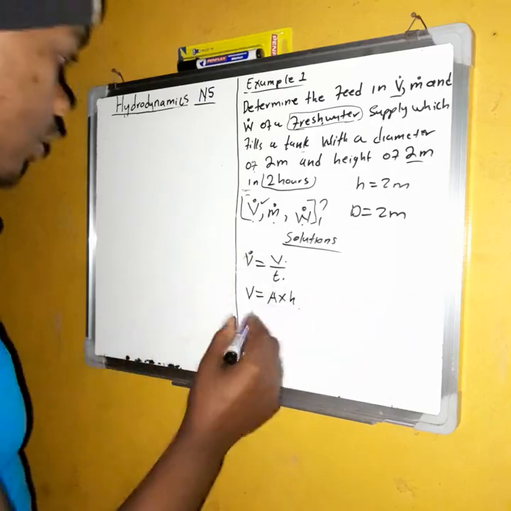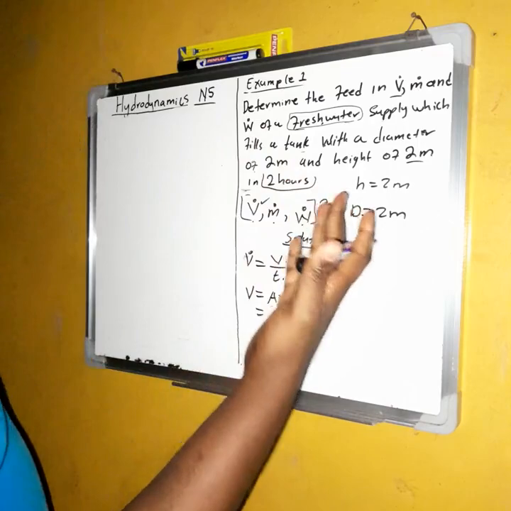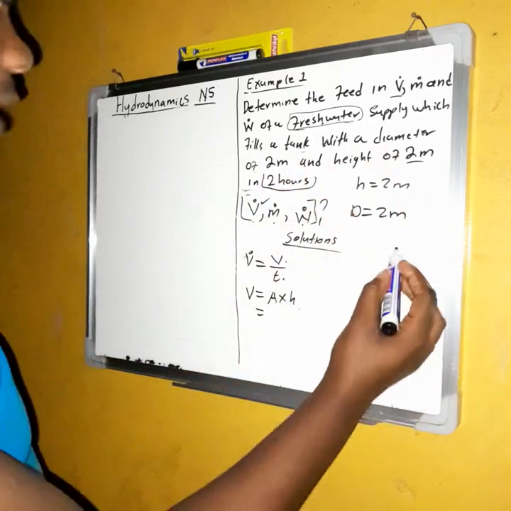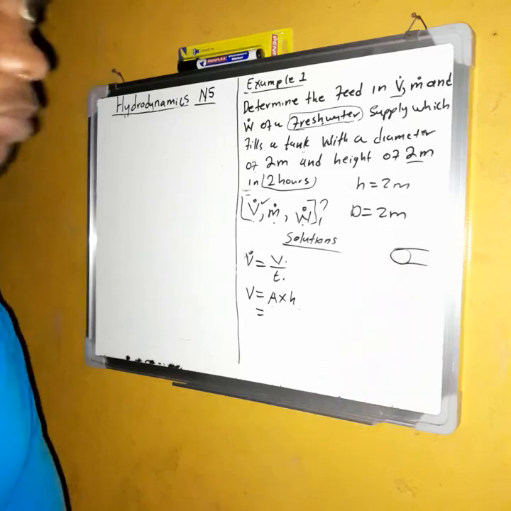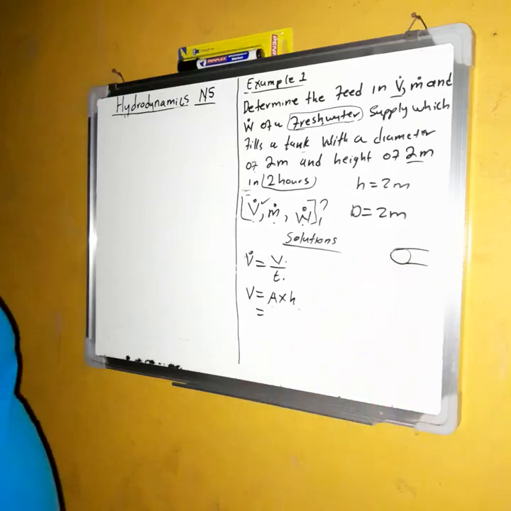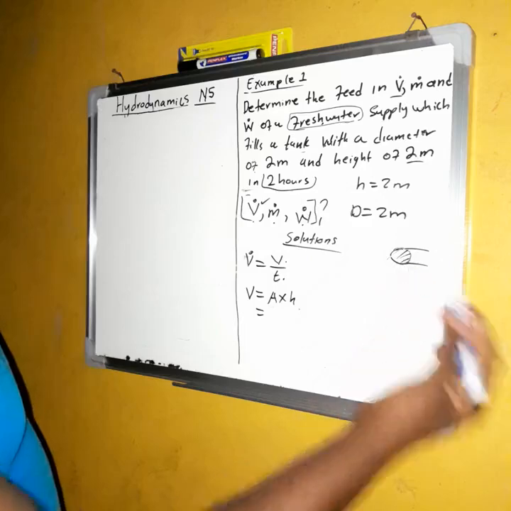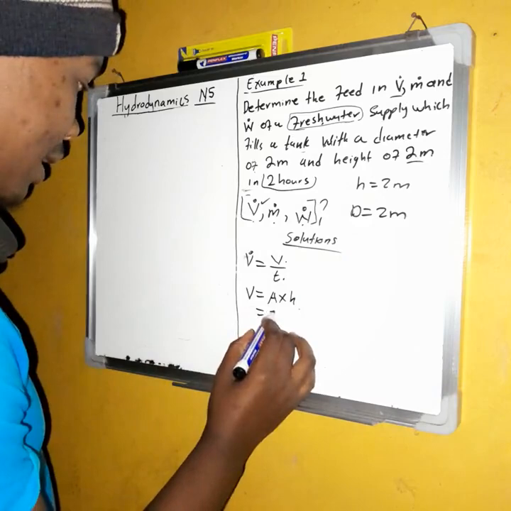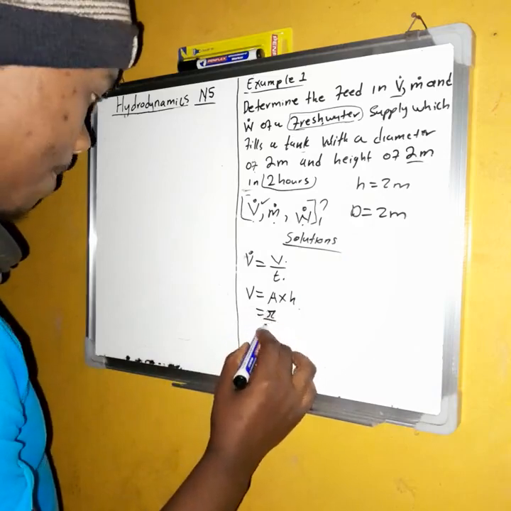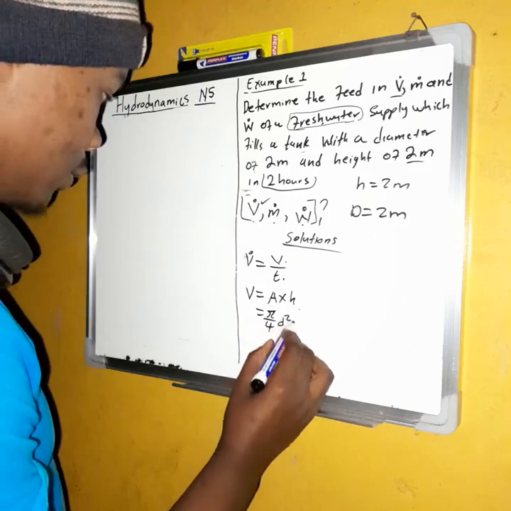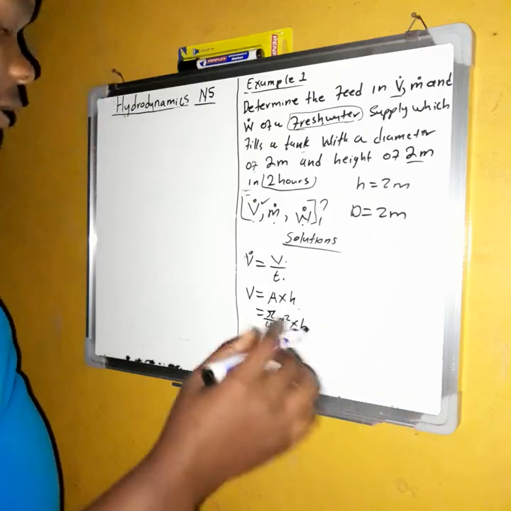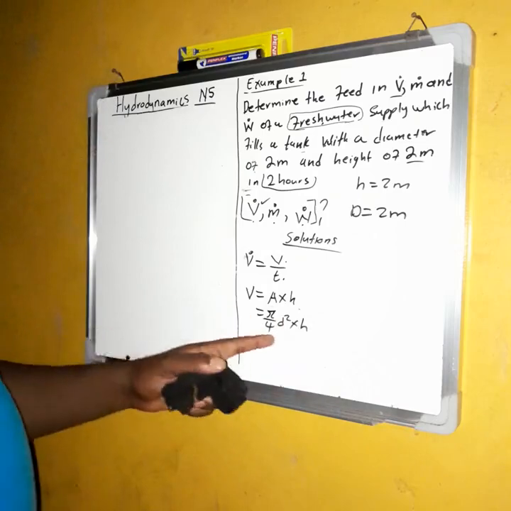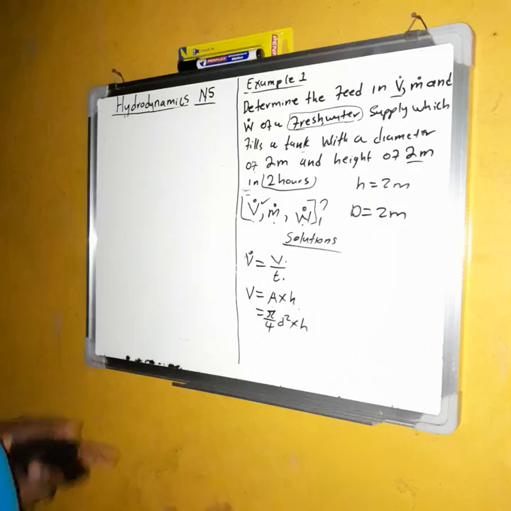So we know this is a pipe. We have a diameter, which means it's a circular cross-section pipe. Now we know this will be pi over 4 multiplied by d squared multiplied by h. This is the area multiplied by the height.